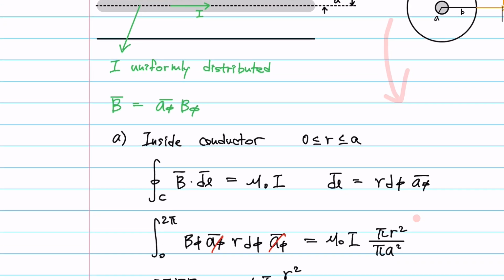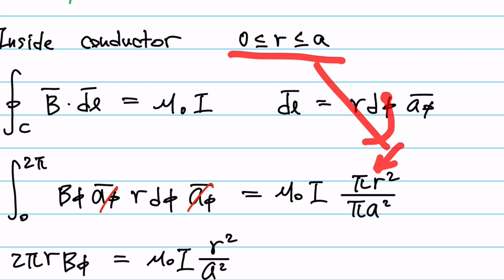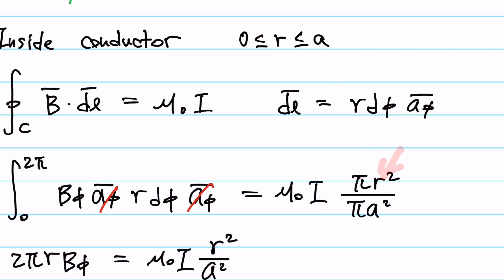Okay, so you can now see that this r will vary from 0 to a. So it could be 1 or it could be less than 1, depending on what the r is.